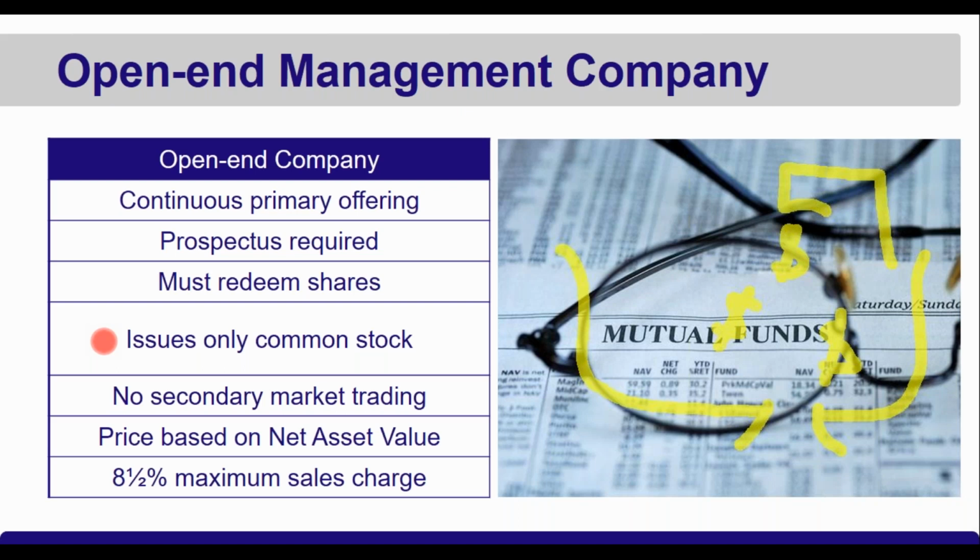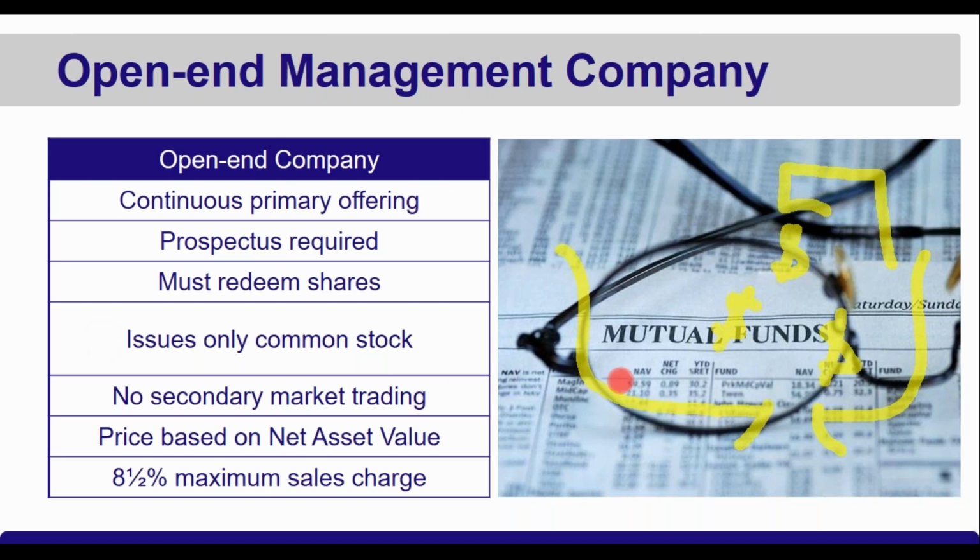It's not saying that all they can invest in is common stock. I get students who say, but wait a minute, I know that funds can invest in bonds because I own bond funds. It's not saying what they can invest the money in. It says they're only allowed to issue common stock. So mutual funds cannot borrow money from the public. They can borrow money from a bank, but they cannot borrow money from the public.